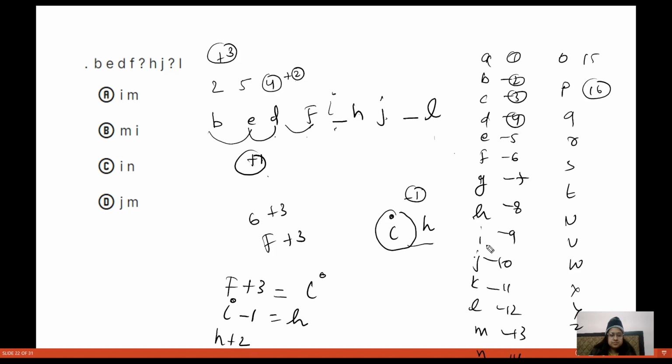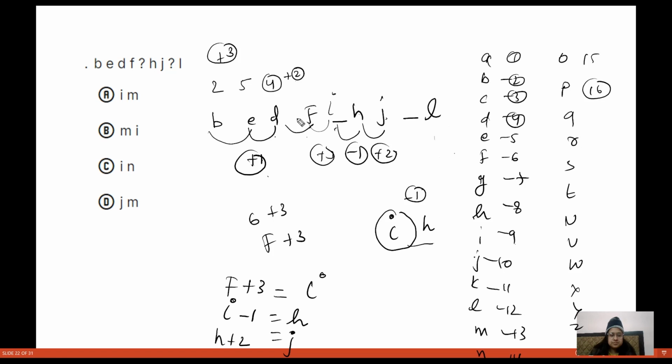H plus 2 is what? 8 plus 2 is 10. I am exactly getting J, so my condition is satisfied. Then I am going to do I again. Between F and I, I'm getting plus 3, between this and this minus 1, and between this and this plus 2.